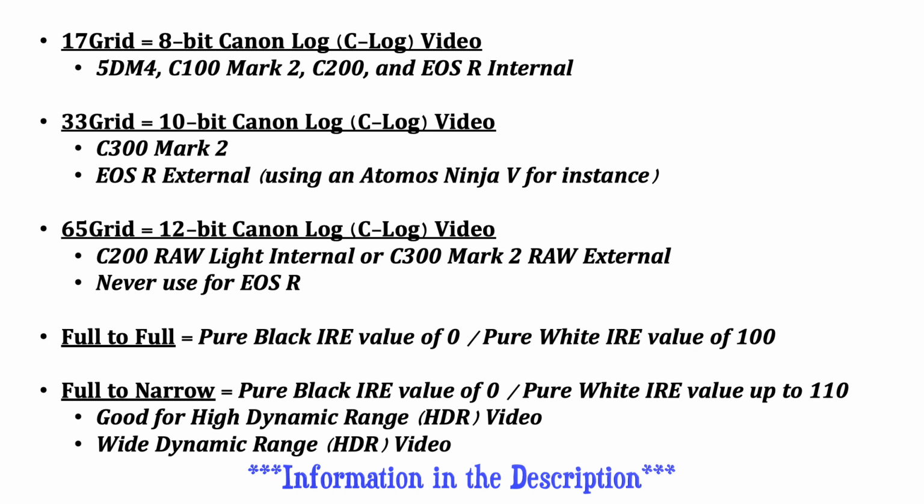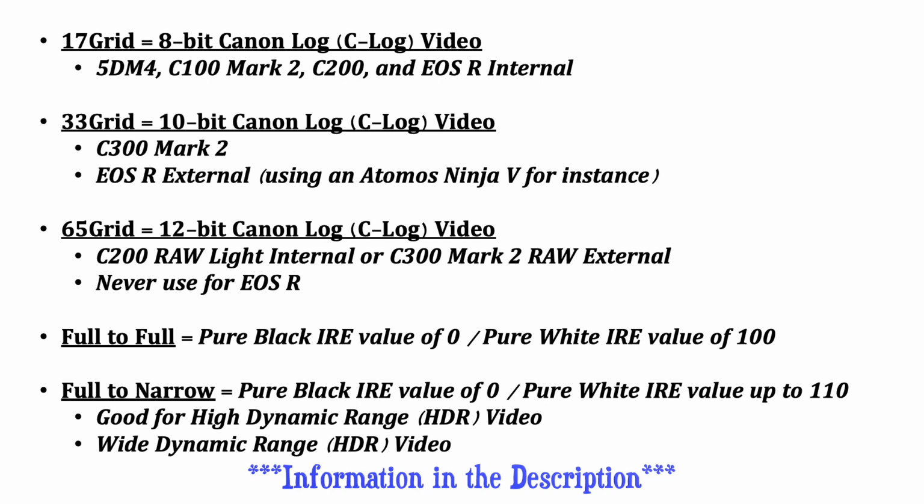The 33 grid is for 10-bit C-Log footage like the C300, or the EOS R when you go to an external recorder like the Atomos Ninja V. And the 65 grid is a 12-bit source that you use for like C200 Raw Light internal or C300 Raw external. So make sure you pick the right grid for your LUT to start with.